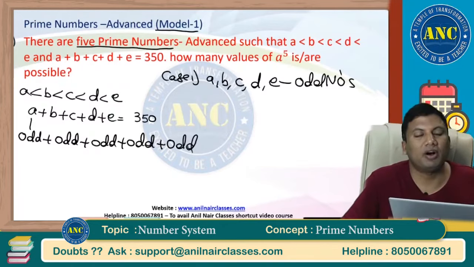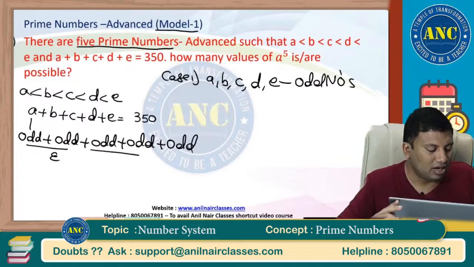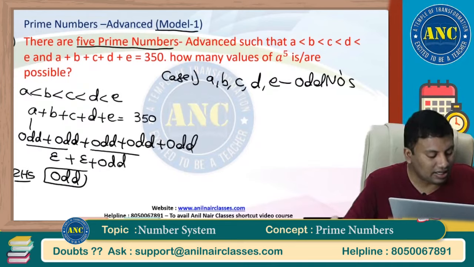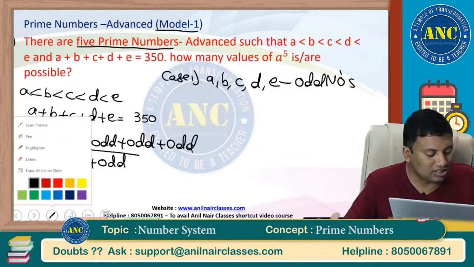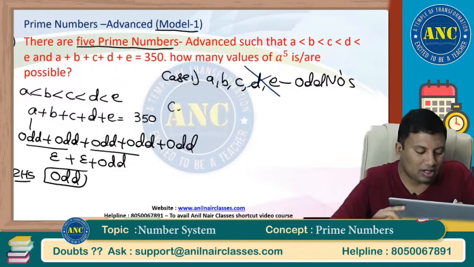An odd number of odd numbers is always an odd number. Odd plus odd is even, plus odd is odd, even plus even is even, even plus odd is odd. The right hand side should be an odd number, but the right hand side is an even number. So this case of all 5 numbers being odd is not possible.